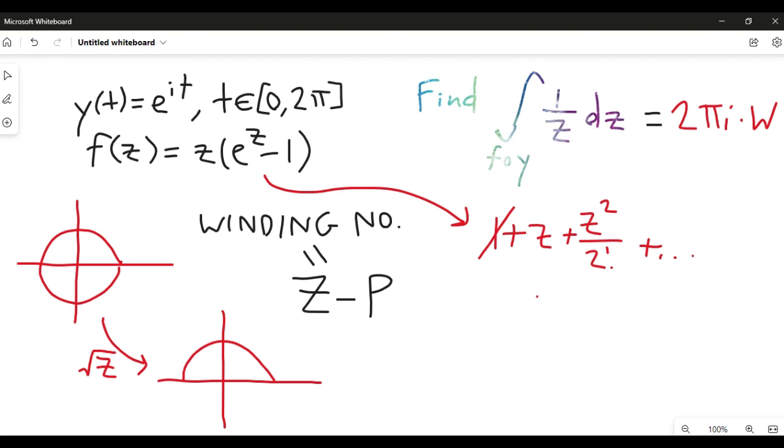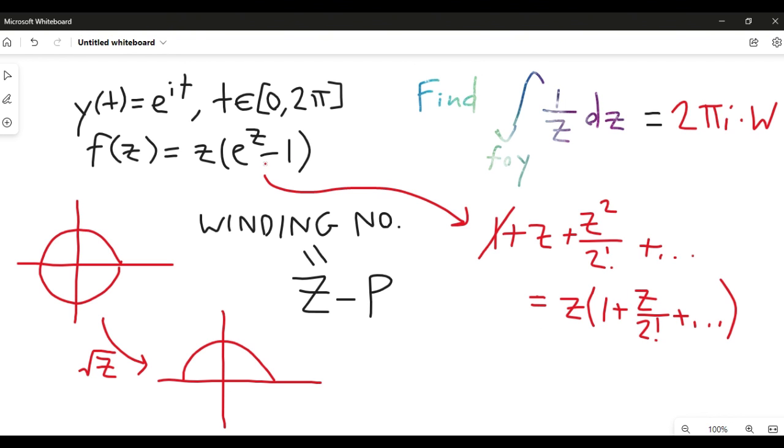I claim that this is actually equal to z times this remaining part. So the z is 0 when z equals 0, and I claim that this remaining part on the inside is not going to be 0 when z is equal to 0.